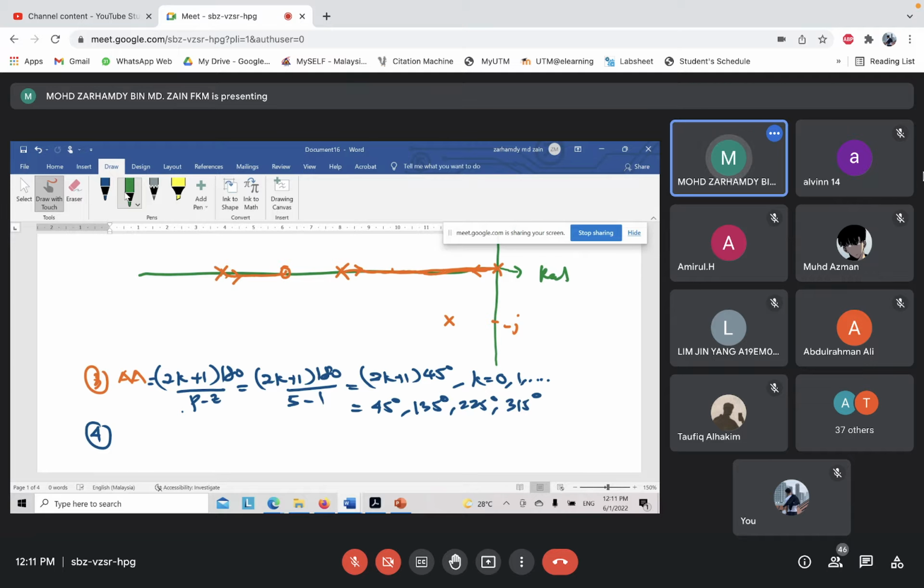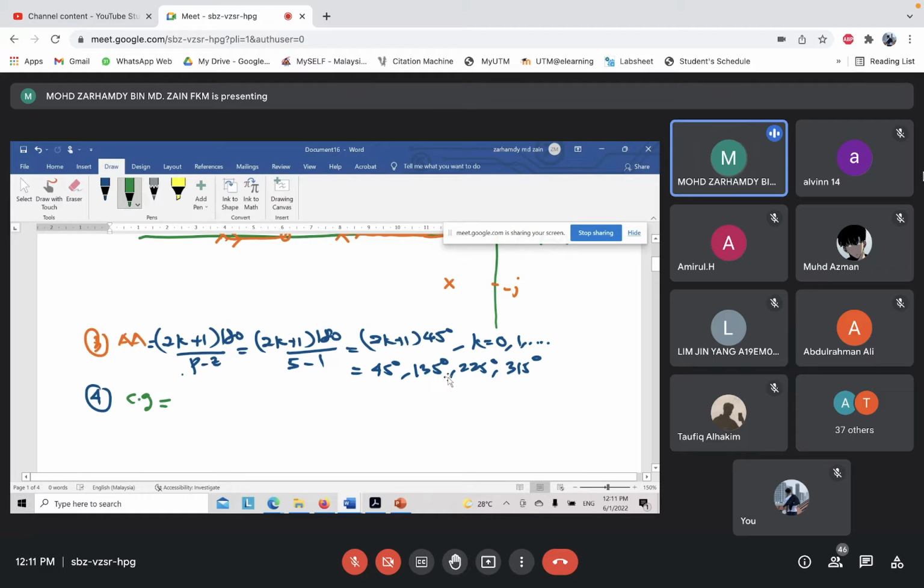Stage number 4, we need to define the CG, center of gravity, the point where our angles will be located. They have their own formula, which is the summation of poles minus the summation of zeros over the number of poles minus the number of zeros.